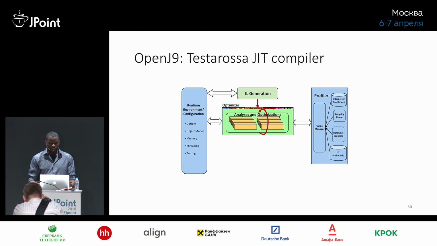The optimizer performs optimization passes on the IL tree. It might do a first pass to simplify the tree. The next pass might do monitor elimination. The next pass might do another optimization. It may add speculative paths and provide fallbacks if assumptions are wrong.